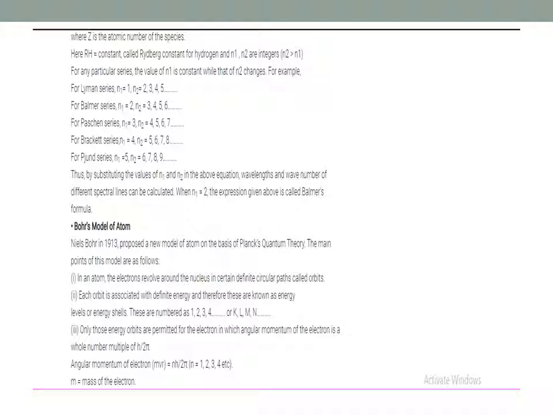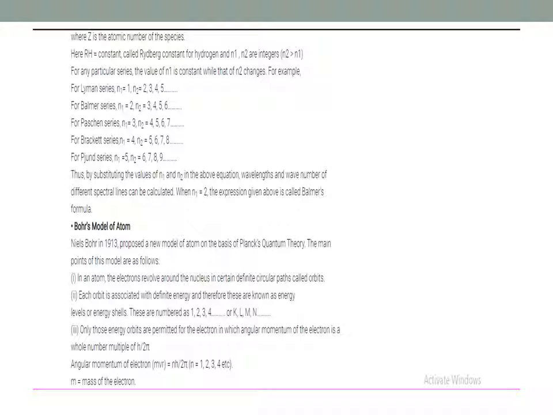These are numbered as 1, 2, 3, 4 or K, L, M, N and so on. Only those orbits are permitted for the electrons in which angular momentum of electron is a whole number multiple of h upon 2 pi. Angular momentum of electron, that is mvr, is equal to nh upon 2 pi, where n is equal to 1, 2, 3, 4 etc.